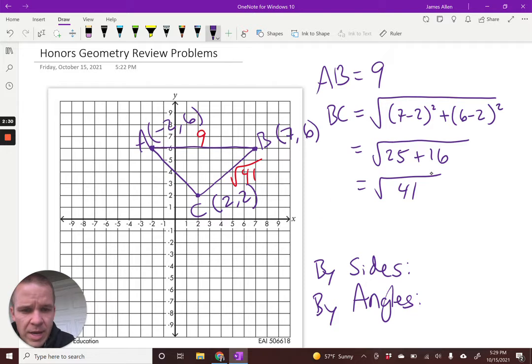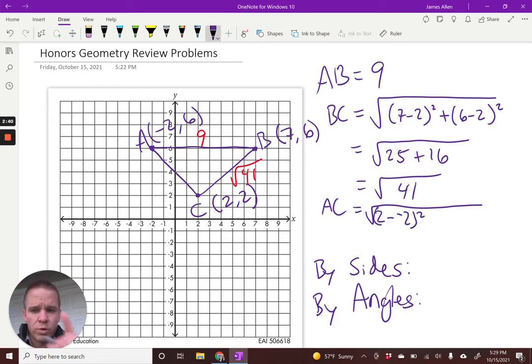Now with AC, I would have the square root of 2 minus -2, and it really doesn't matter which order I do them in, because I'm squaring them. As long as I keep the x's together and the y's together, even if I flip them, squaring is going to make them positive regardless.